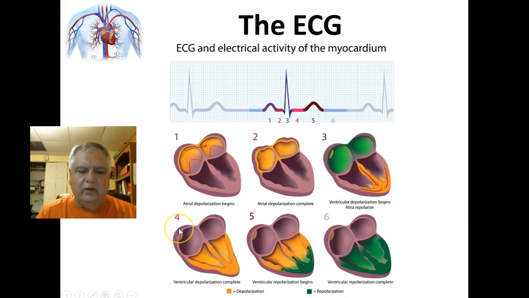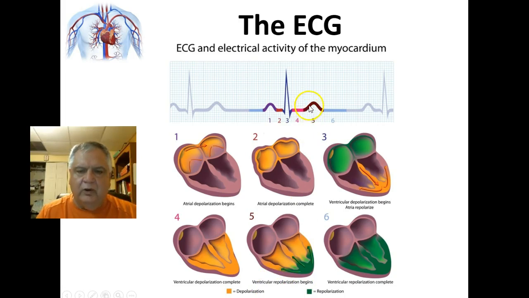Okay, we get to number 4 then. The ventricular depolarization is now complete, and we're back to the baseline again. So we have this piece of flat baseline, that's the ST segment. Now what's going to happen is the ventricles are going to repolarize.